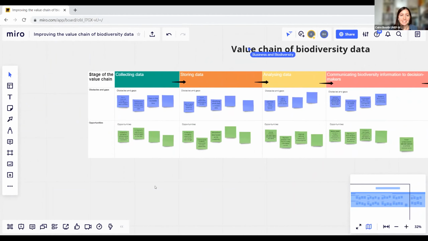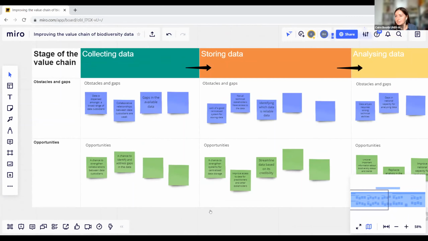For anybody in the audience who has faced challenges of their own or opportunities that they would like to add to this whiteboard, I welcome you to share them in the chat or raise your hand and we can add them on there and address them. The idea here is to make our way through this whiteboard, addressing some of the key obstacles, gaps and opportunities that resonate with our panelists.